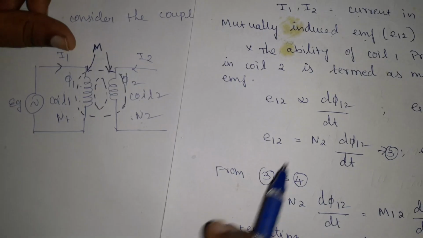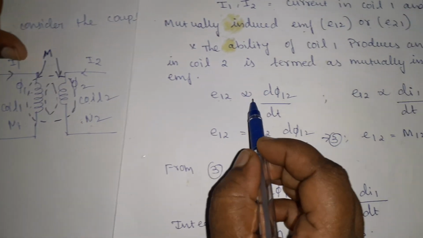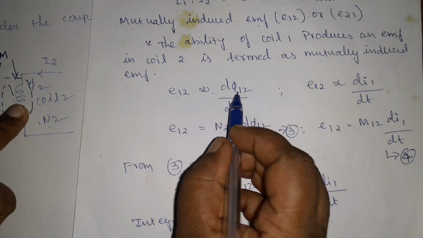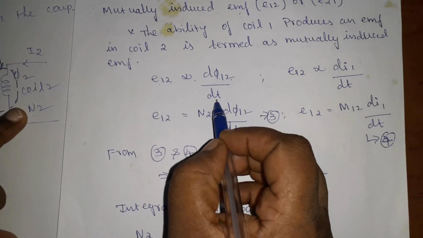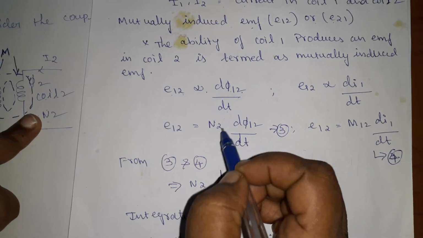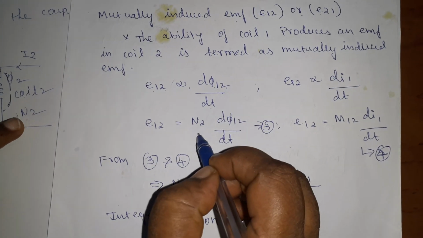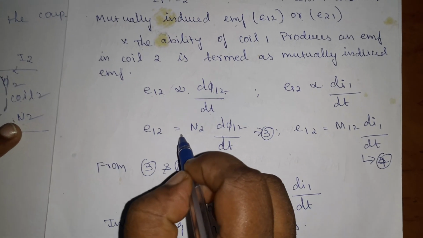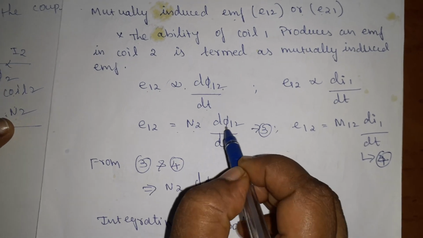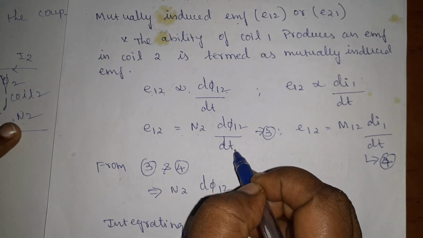That's why we write E12 proportional to d phi 12 divided by dt. To remove the proportionality we need one constant, so E12 is equal to N2 into d phi 12 by dt.